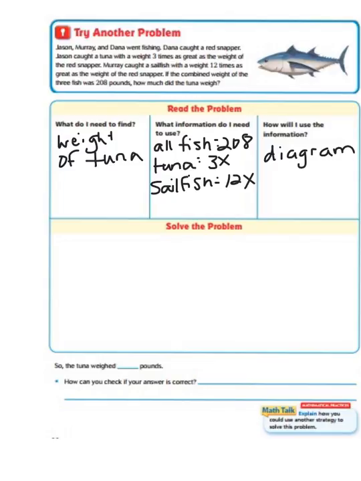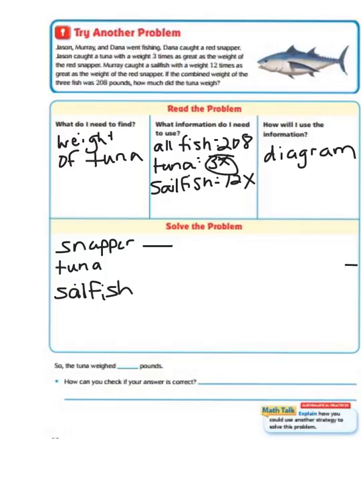So now we have to list all 3 fish at the bottom. So we have the snapper, the tuna, and the sailfish. We know the snapper weighed X. The tuna weighed 3 times, so we would have 3 boxes for it, and the sailfish weighed 12 times, so we would have 12.